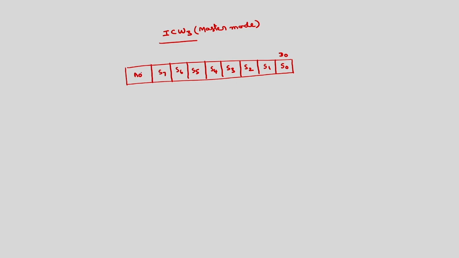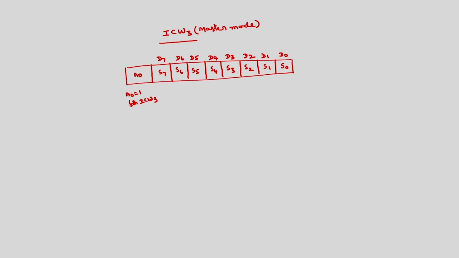This is A0, and A0 should be 1 for ICW3. This is D0, D1, D2, up to D7. This is additional information.